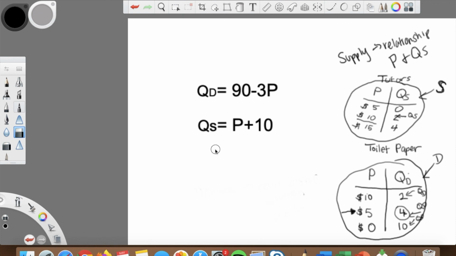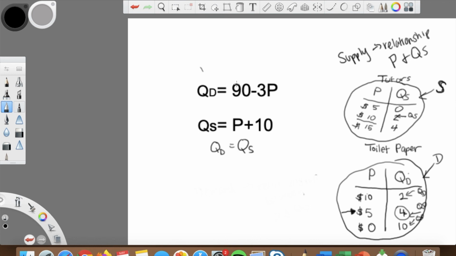If I want to solve for the equilibrium, I can use my definition that I used to find equilibrium previously with the table. So we know equilibrium is where QD is equal to QS.